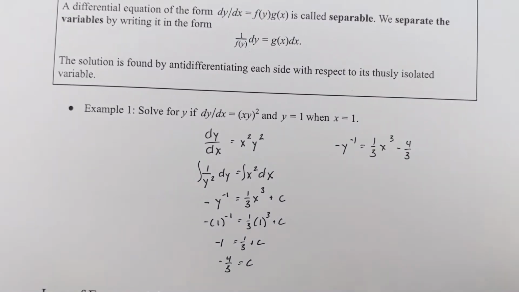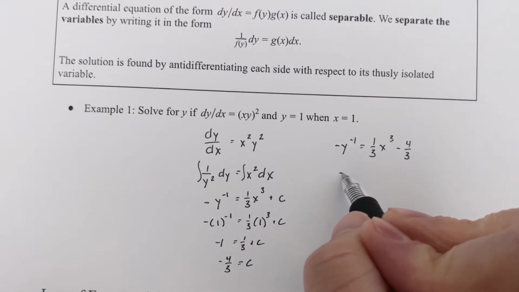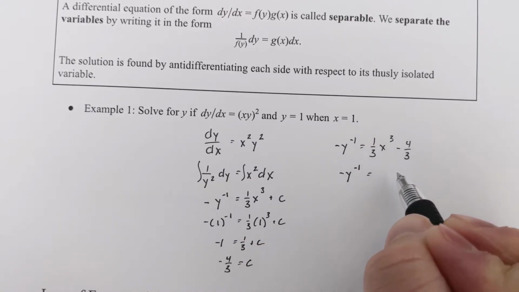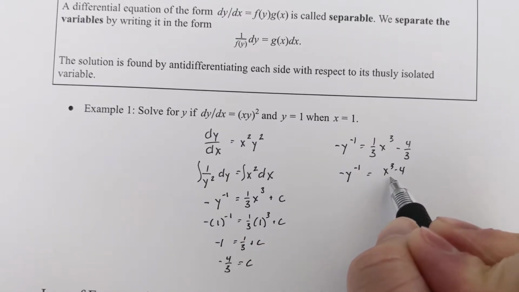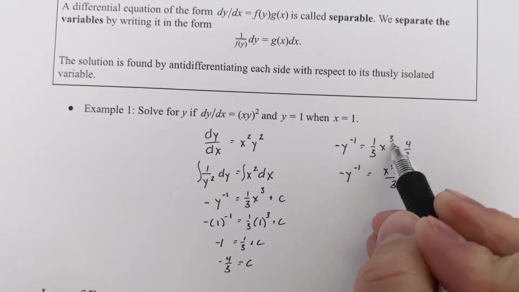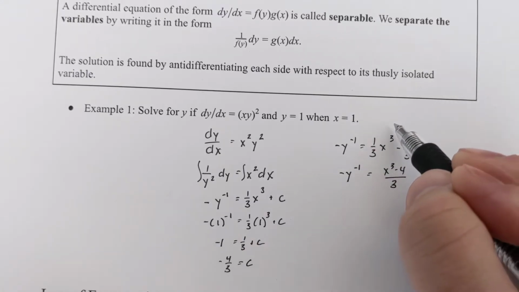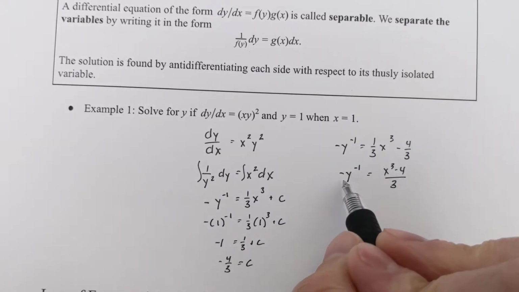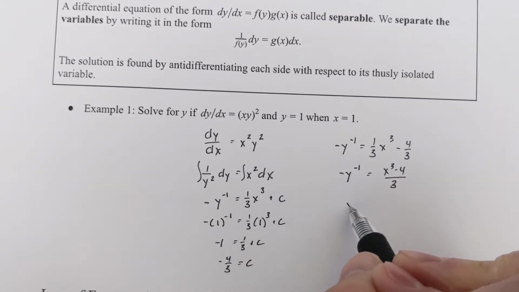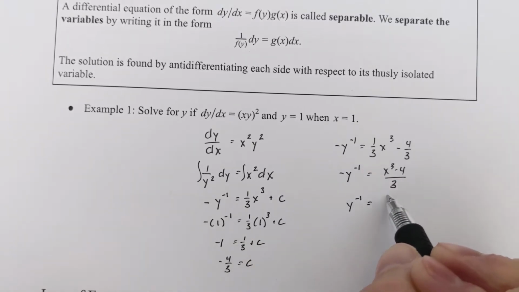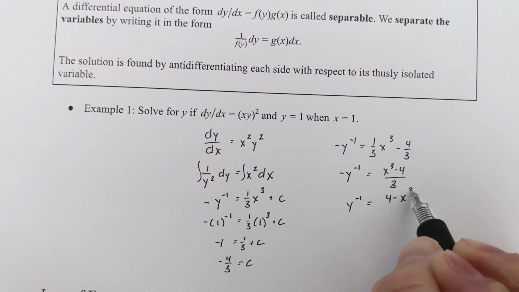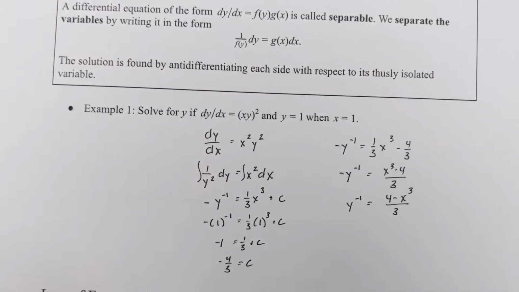So let's see here. What can I do? Well, I've got a common denominator, so I should combine these. That's x cubed minus 4 over 3. 1/3 x cubed is the same thing as x cubed over 3. We've got the negative, so I can multiply or divide by a negative 1, which would just reverse the order of the terms in the numerator. And lastly, this is 1 over y.